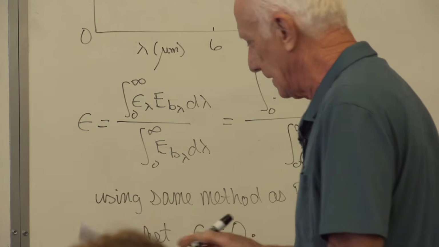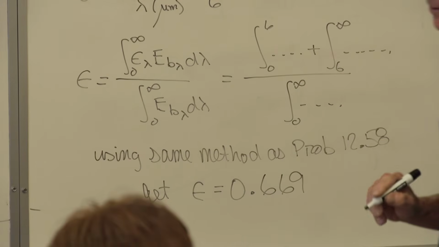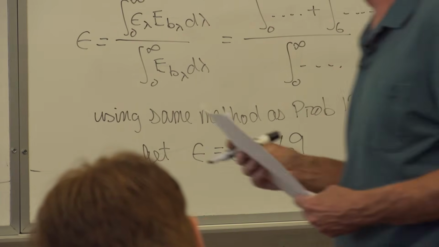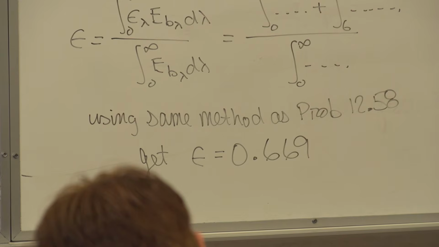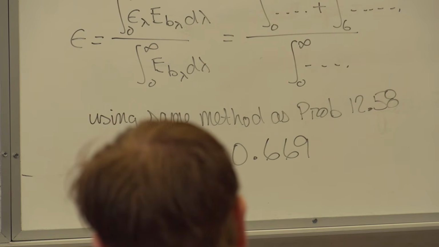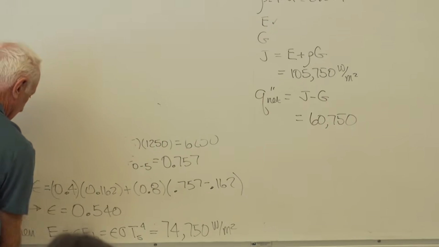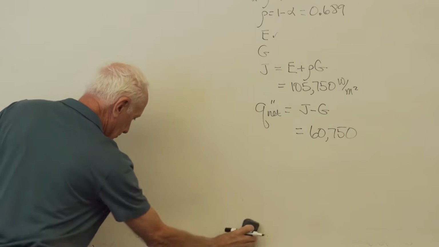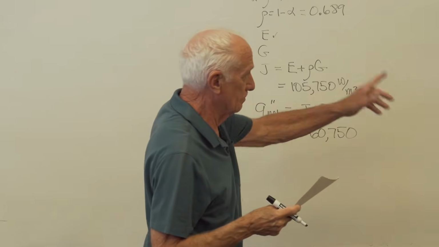No, 0.669. All right, so that's not a problem. Same thing. I'm going to save this middle part because I want to compare these two problems. So I'm going to go on and finish this problem over here.